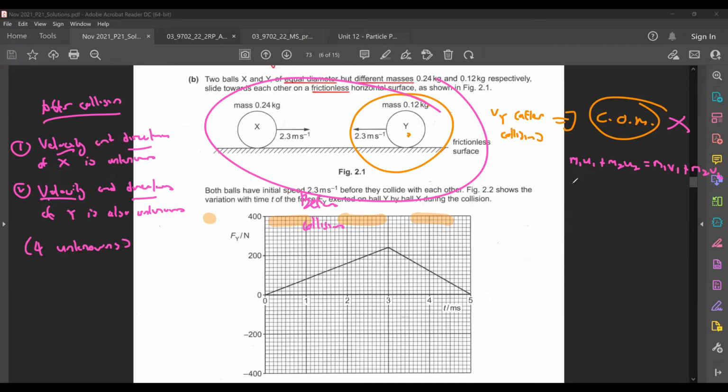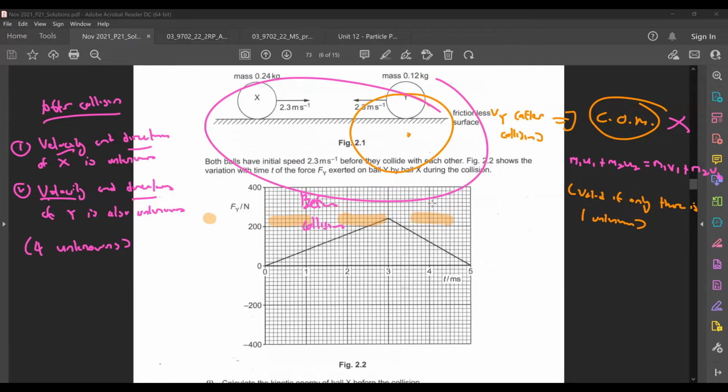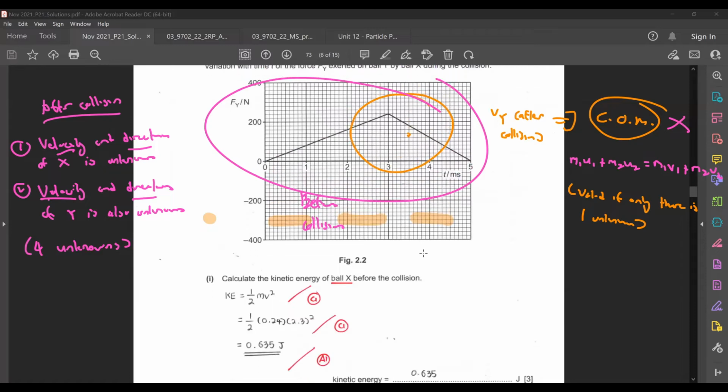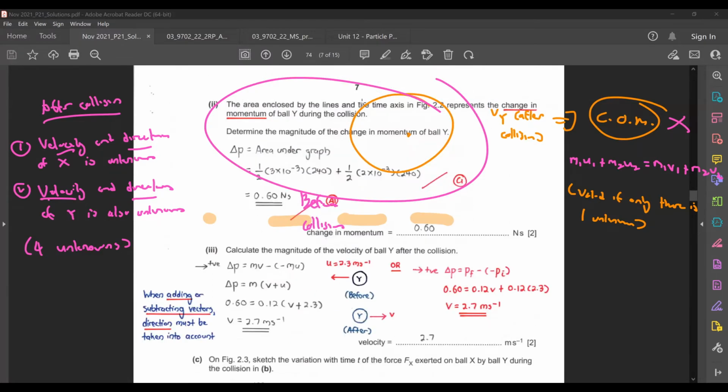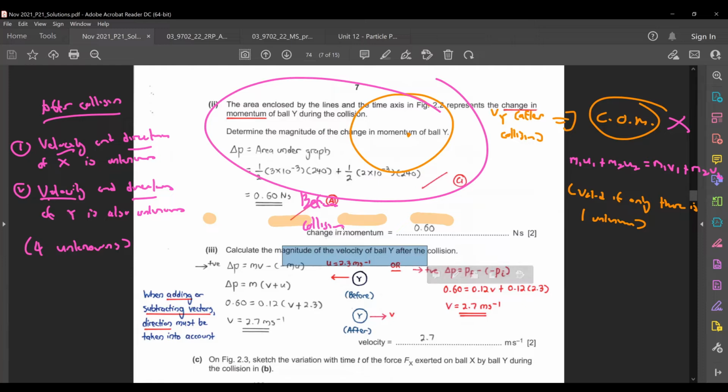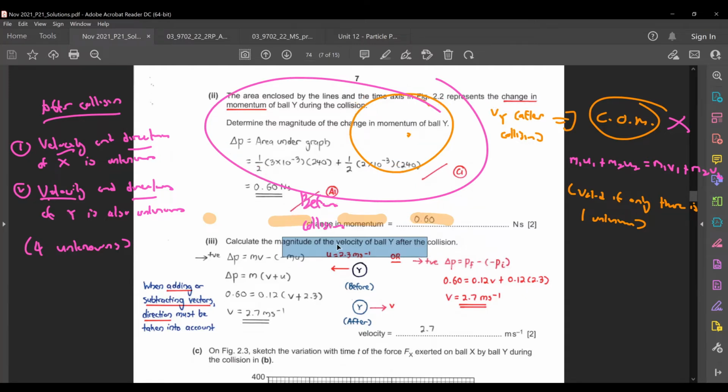You can only use this if there is only one unknown. Okay, so you might have been tempted to try and use conservation of momentum to do this, but then eventually you find out you're stuck because there are too many unknowns here. You just do not know 3 more things. That's why here, when they ask you to find out the magnitude of velocity of ball y, you can't really use conservation of momentum.